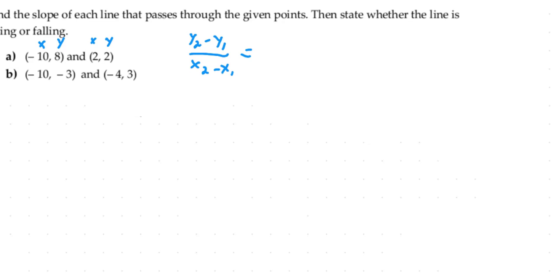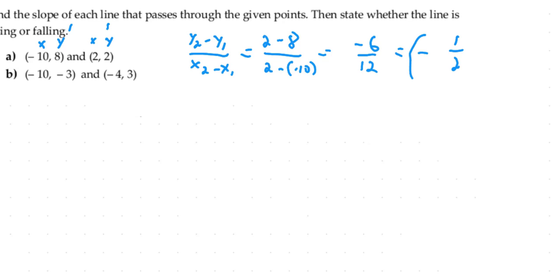So here are my y's. If I did 2 minus 8 over 2 minus negative 10, what do we get? We end up with negative 6 over, negative minus negative is a positive, 12, which would be negative 1 over 2. That would be my answer.